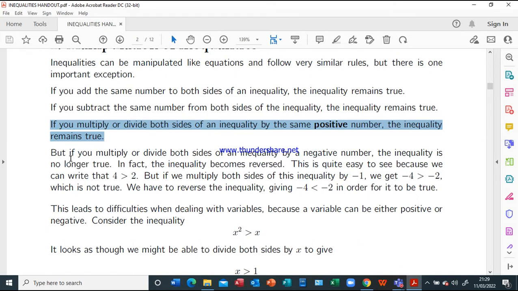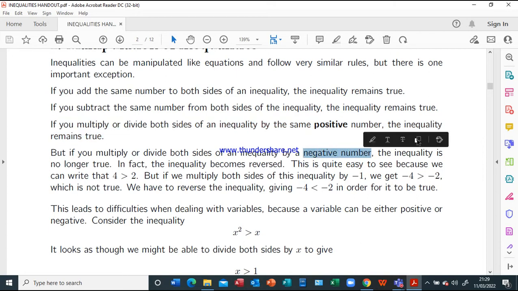But if you multiply or divide by a negative number, let me highlight that. This is important. I'm going to do a color change. So when you multiply or divide both sides of the inequality sign by a negative number, the result of the inequality is no longer true, and the sign must be reversed. In fact, the inequality becomes reversed.